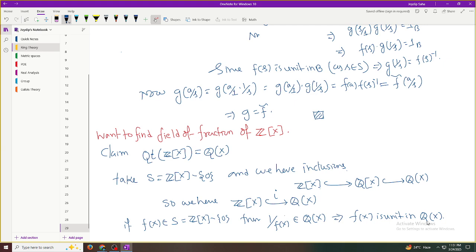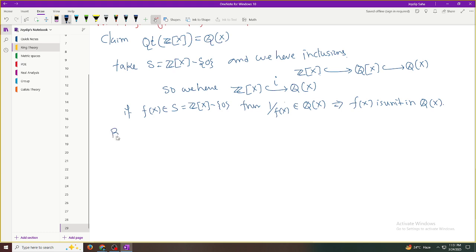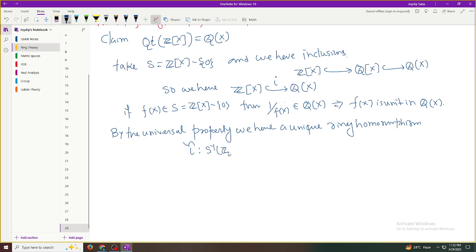Okay, so by the universal property, we have a unique ring homomorphism, I should write I tilde, from S inverse Z[x] to Q(x).